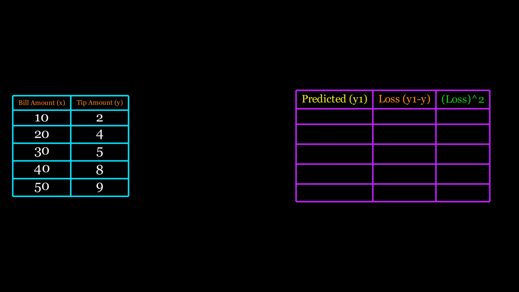We begin with the bill amount, x, and the actual tip amount, y. First, using equation 1, we generate our predicted values, y1. By substituting the bill amount from our dataset into the equation, we obtain a predicted value of 2.0.